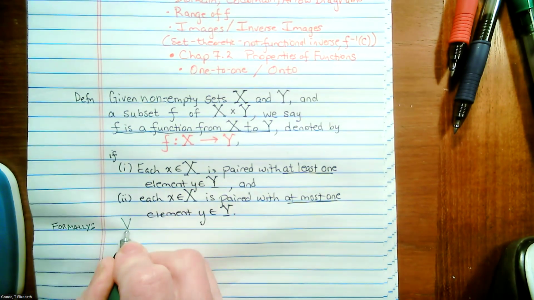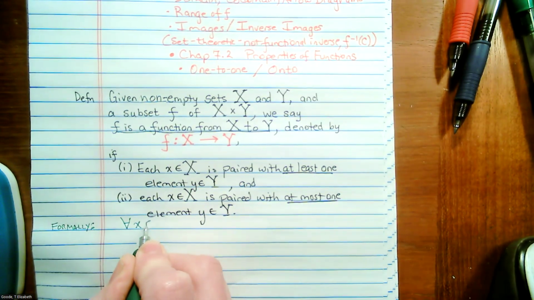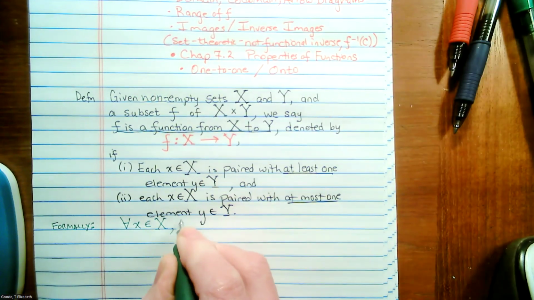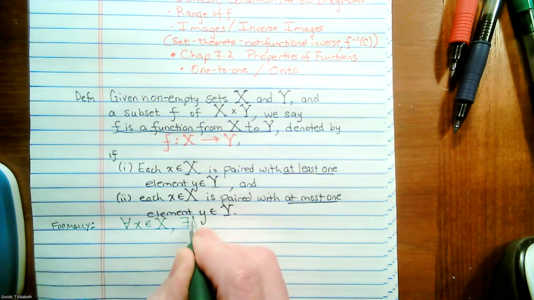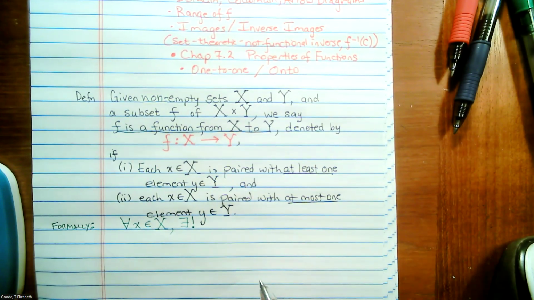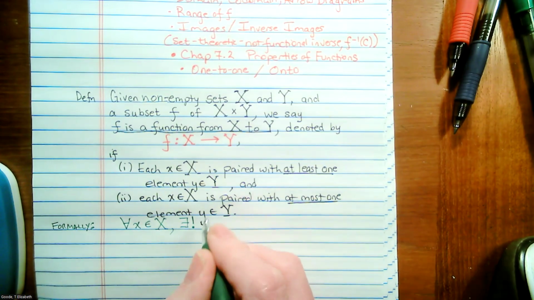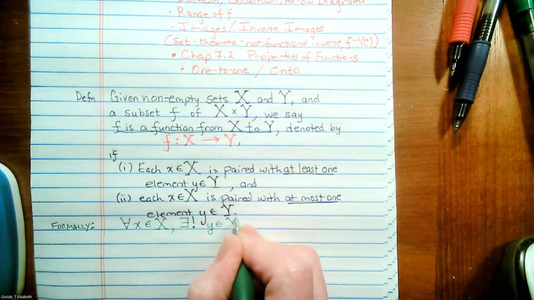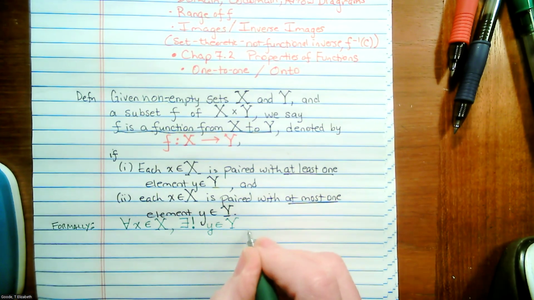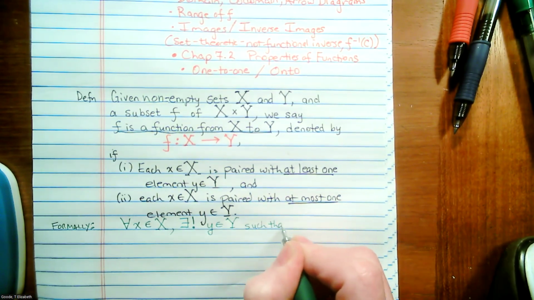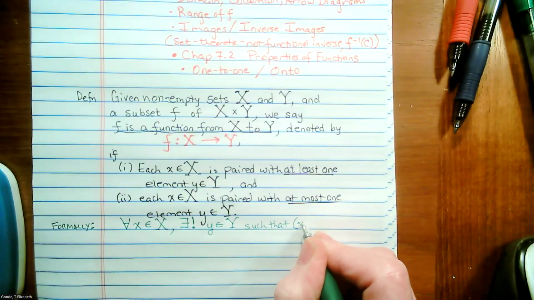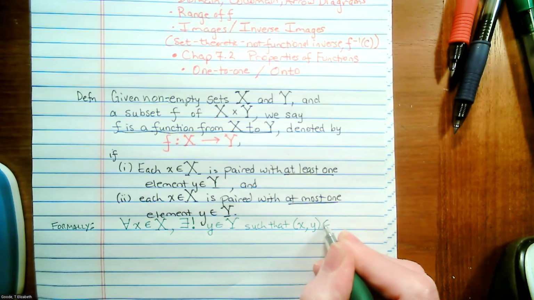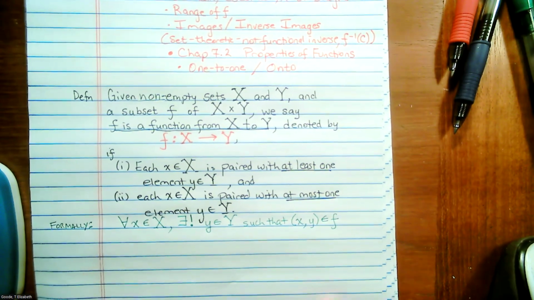So it says for all little x in set big X, there exists a unique, and unique is indicated with an exclamation point, Y in set big Y, such that the ordered pair X comma Y, that's little x comma little y, is an element of F. So F is a set of ordered pairs.